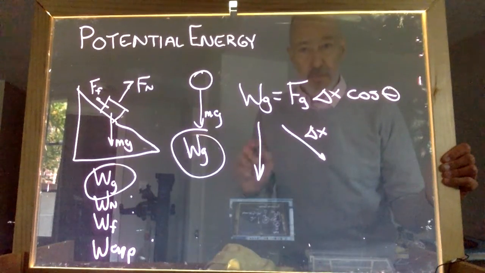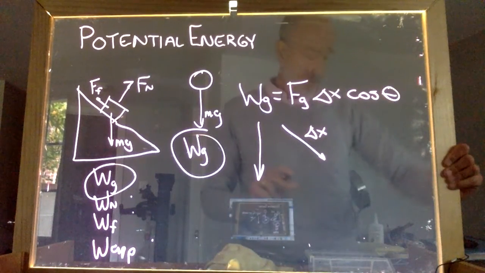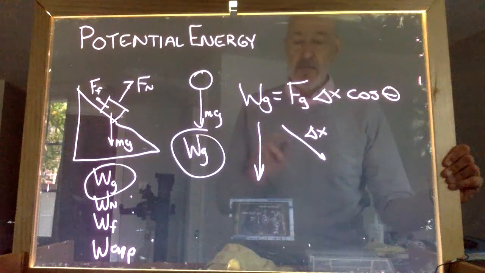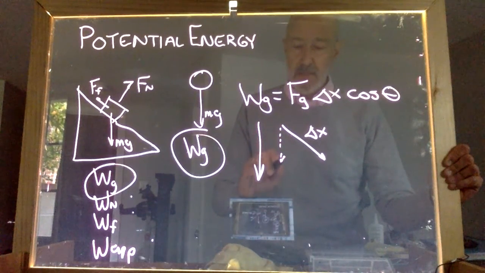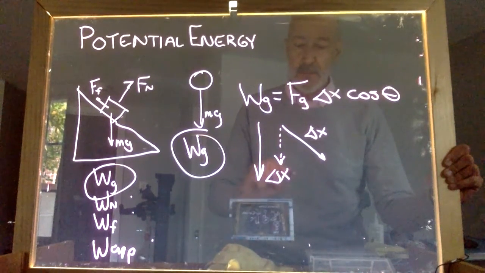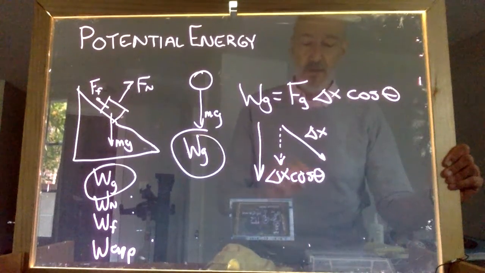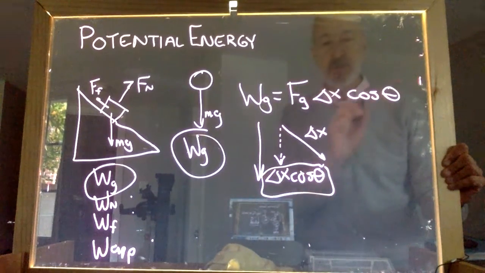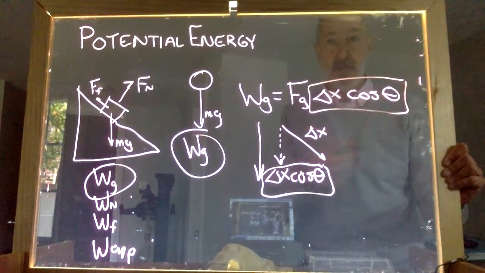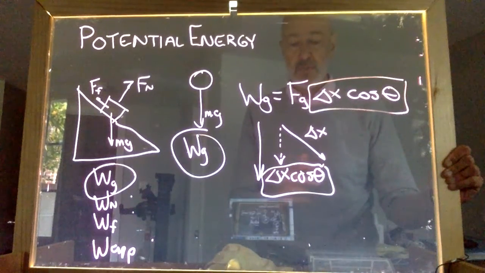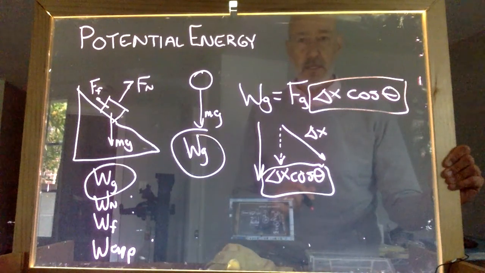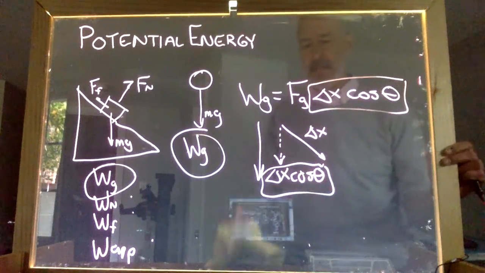The angle in between those things, this theta, really is just like saying, let's figure out how far down towards the center of the earth the object goes, which is delta x cosine theta.